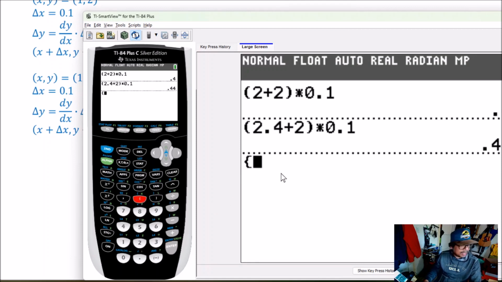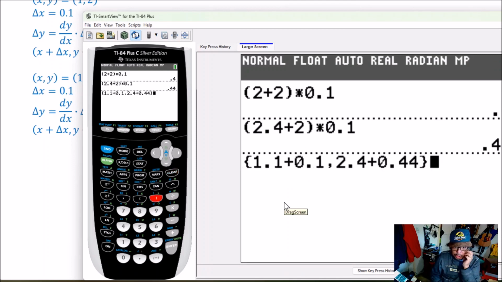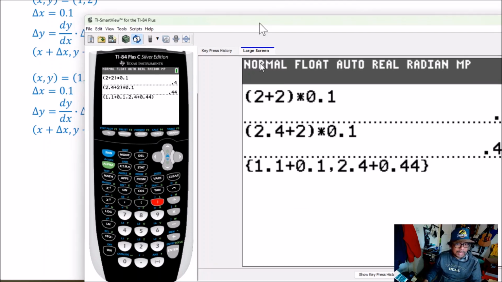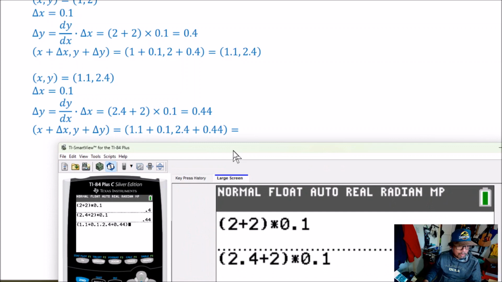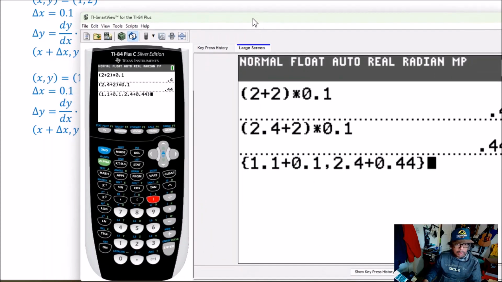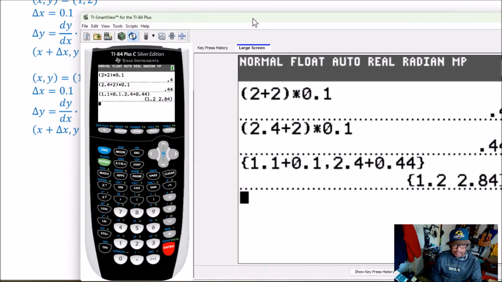This is technically a list, but for our purposes it serves. So we're going to do 1.1 plus 0.1, and then 2.4 plus 0.44. If I use those lists, it's going to give me something that kind of looks like a coordinate. So that's 1.2 and 2.84.